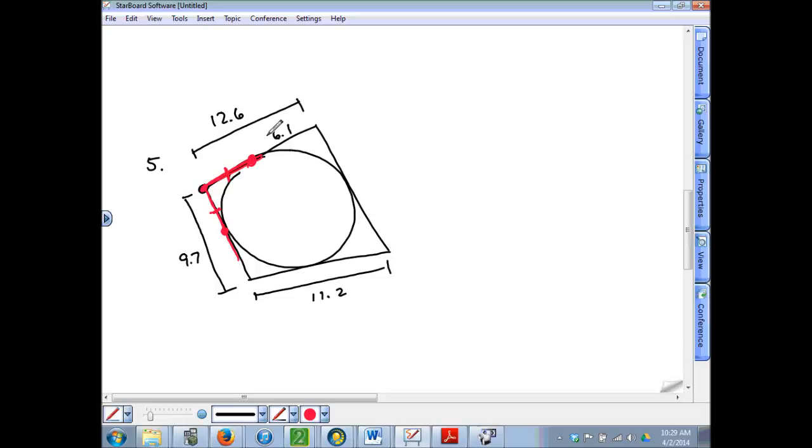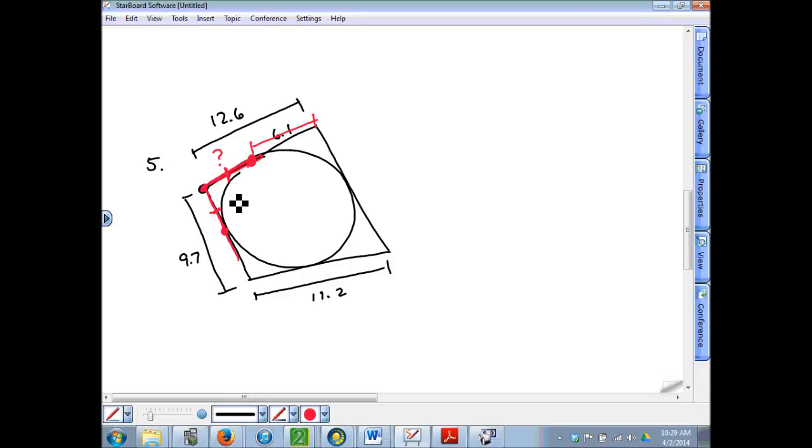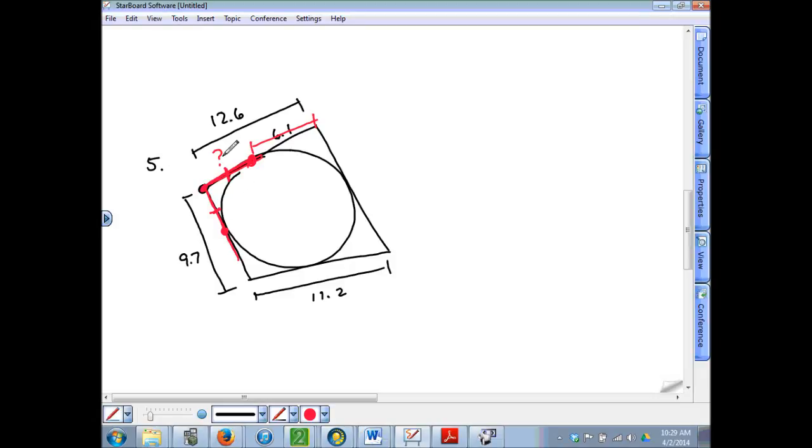So why is that important? Well, take a look at this, you guys. If from here to here is 6.1 and the entire length is 12.6, couldn't we figure out that length there? But if we figure out that length, haven't we figured out that length also? Yeah, 6.5. So, what's 12.6 minus 6.1? That's 6.5. Well, what does that mean this is? 6.5.